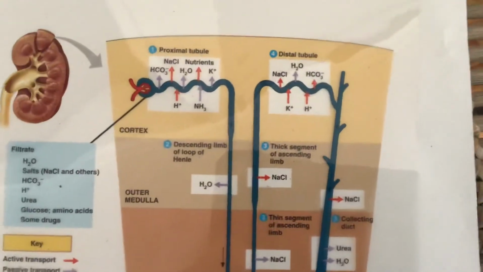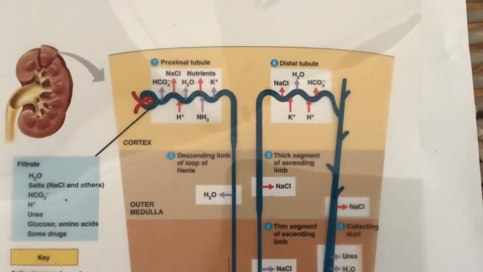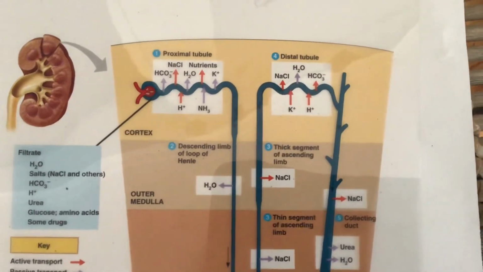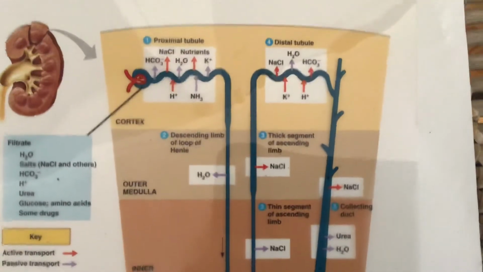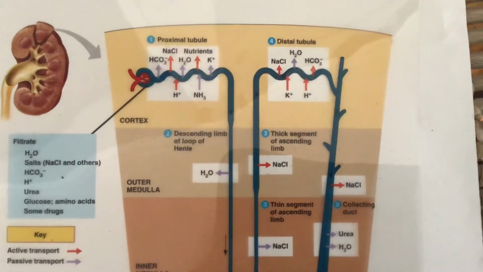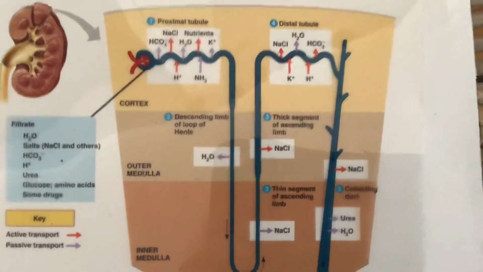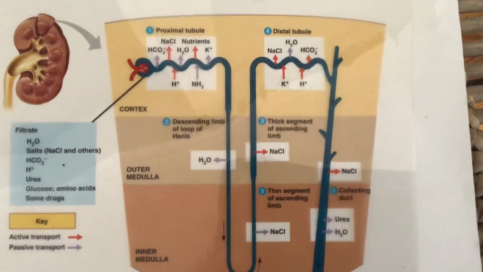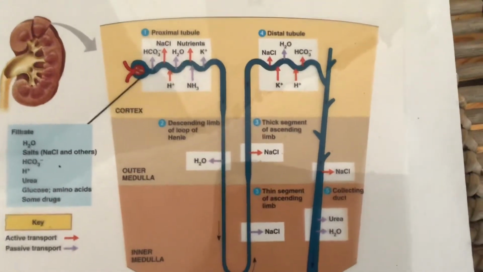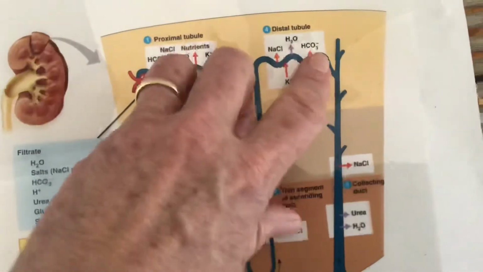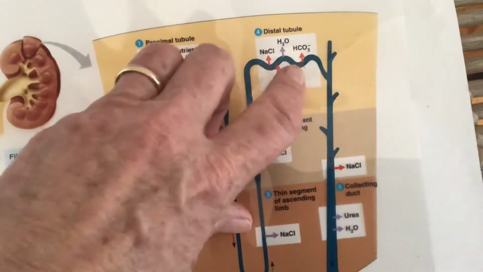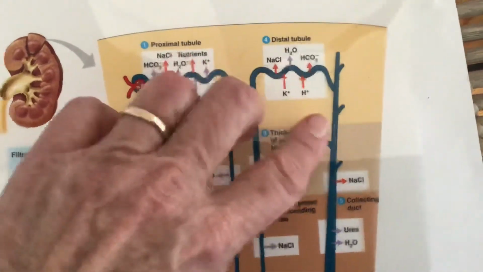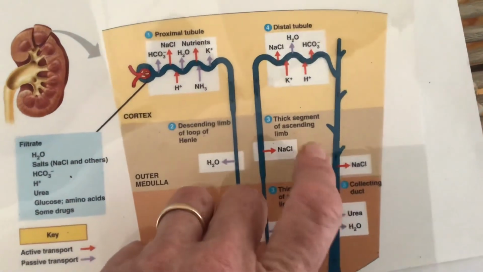Then notice at the distal tubule, we're reclaiming back some salts if we need them. Bicarb, again, if there's any bicarb left in there, and absorbing maybe excess potassium or hydrogen ions if there's an excess, but it depends on how much is in your body or interstitial fluid there. And then the urine, or the materials left in the duct, are mainly urea, and still a little bit of water and still a little bit of salts, but mainly urea is left in there.